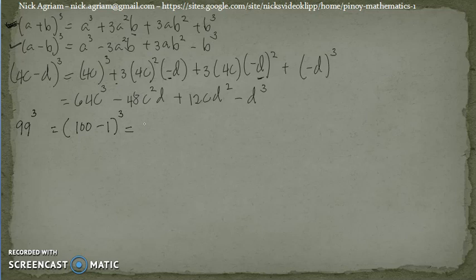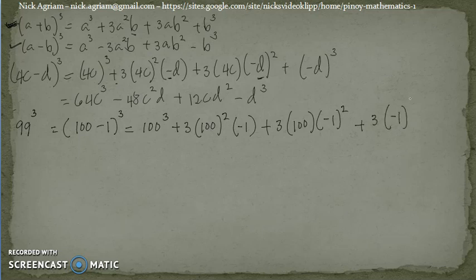The first, we have 100 raised to the power of 3, plus 3 times 100 squared multiplied by negative 1, and then plus 3 multiplied by 100 and then negative 1 squared, and then plus negative 1 cubed.